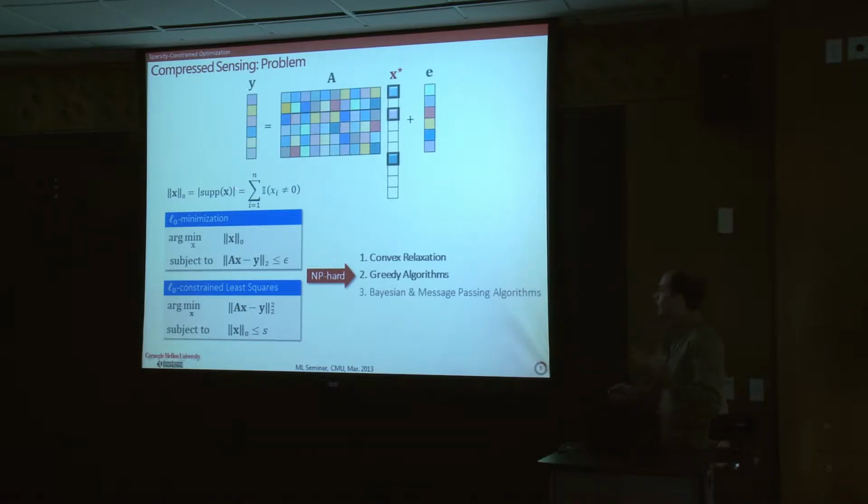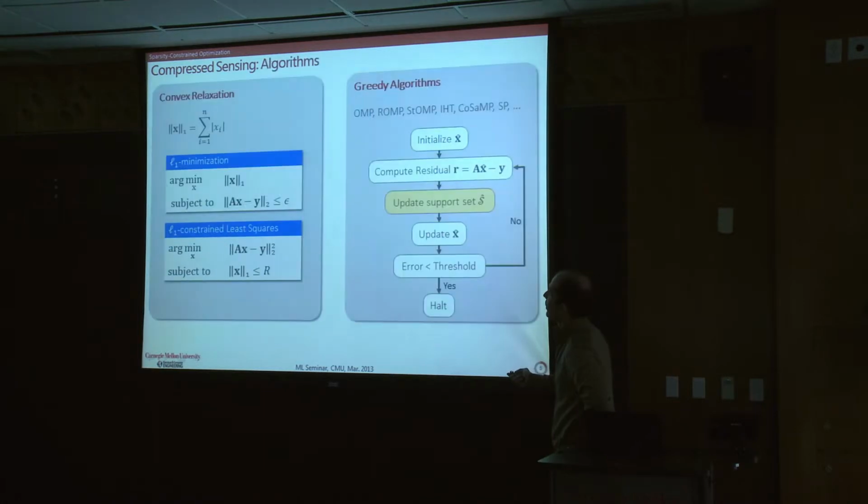There are generally three ways proposed in the literature to approximate these NP-hard problems. One is convex relaxation. The second is greedy algorithms, and the third is Bayesian and message passing algorithms. I'm going to just talk about convex relaxation and greedy algorithms in the introduction here.